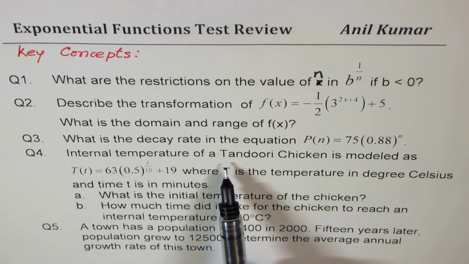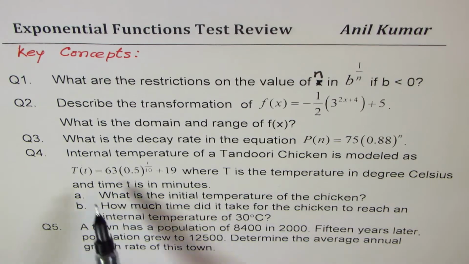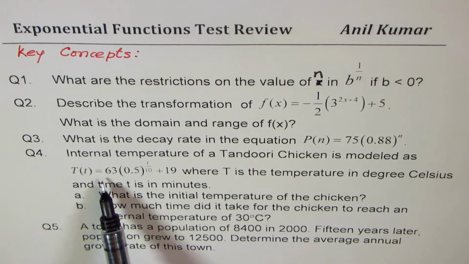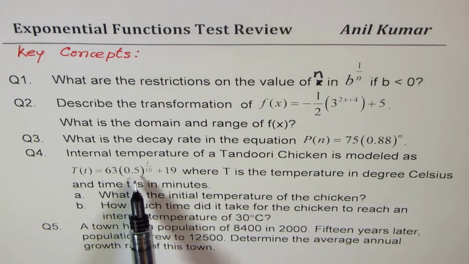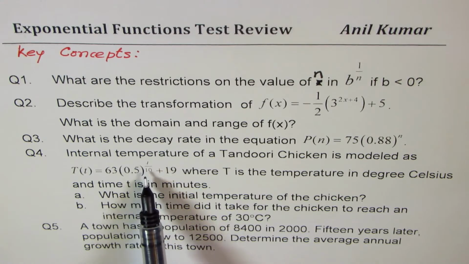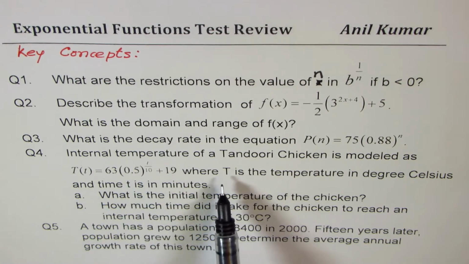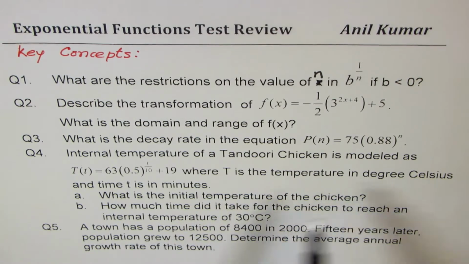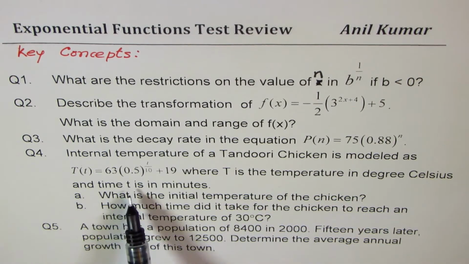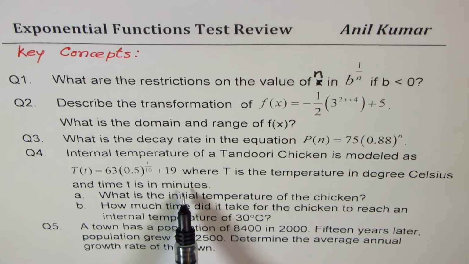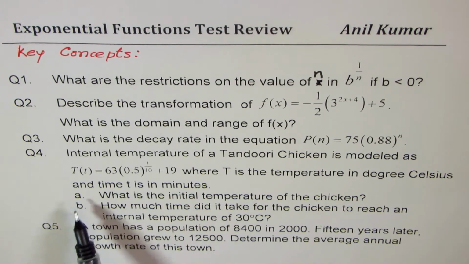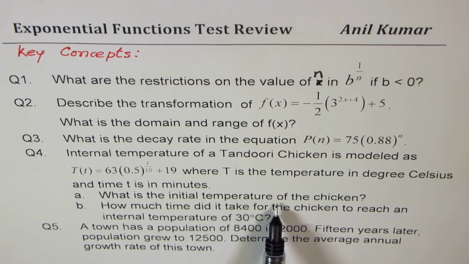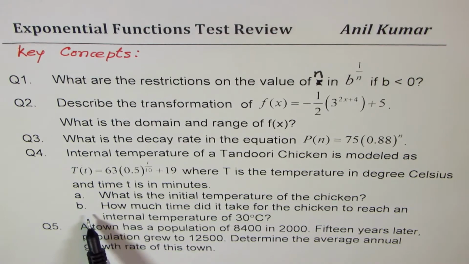Internal temperature of a tandoori chicken is modeled as T of t equals 63 times 0.5 to the power of t over 10, plus 19, where T is the temperature in degrees Celsius and time t is in minutes. A. What is the initial temperature of the chicken? B. How much time did it take for the chicken to reach an internal temperature of 30 degrees Celsius?